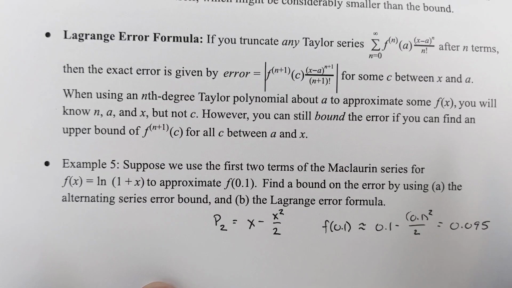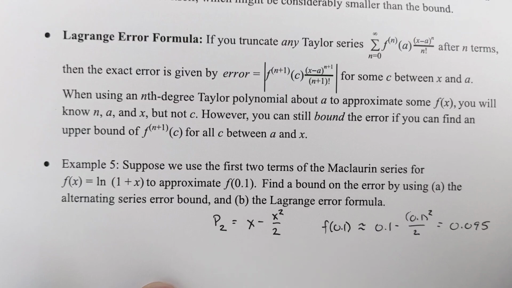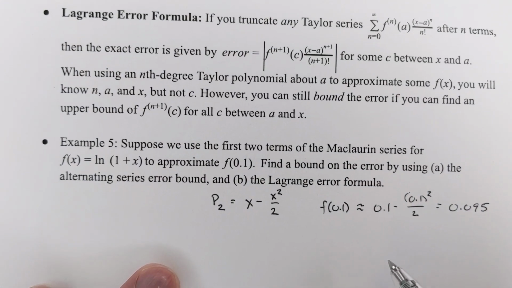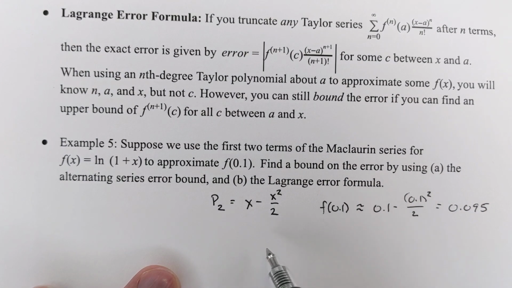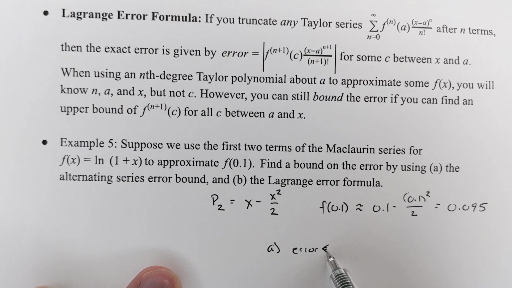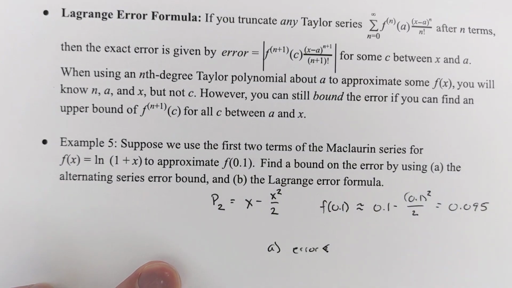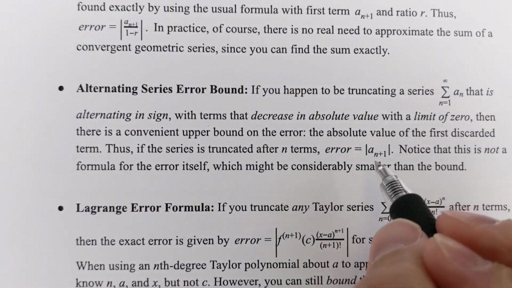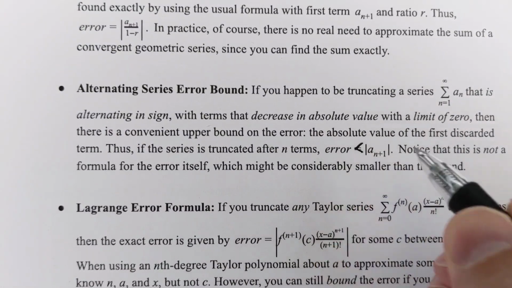Okay, so the Maclaurin series satisfies the criteria for the alternating series error bound. So the error is less than the magnitude of the third term. For part A, the alternating series error bound, the error is not equal, but less than. Is there a typo up above? Yeah, this should not be an equal sign, it should be a less than sign.